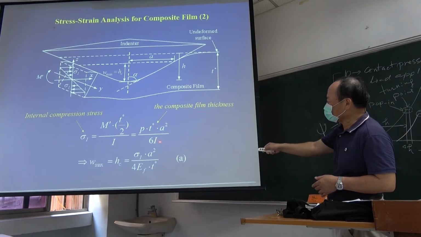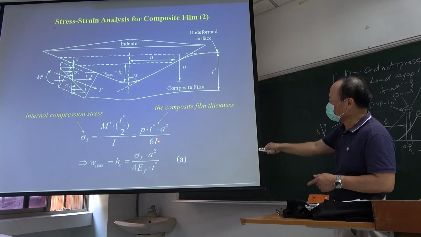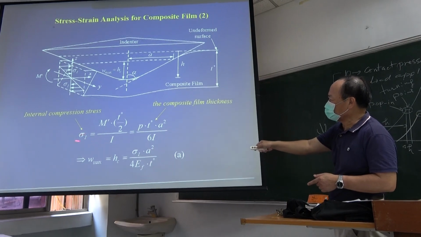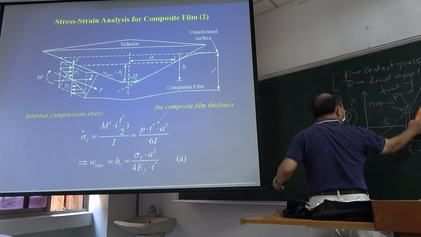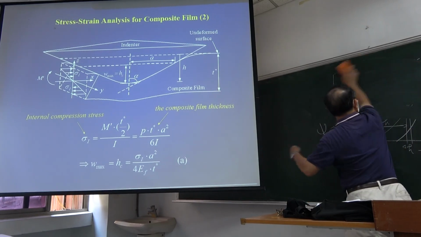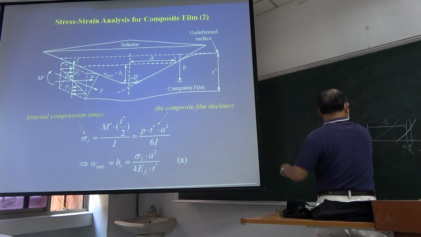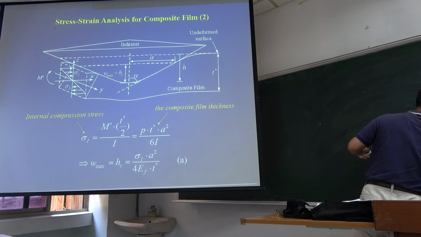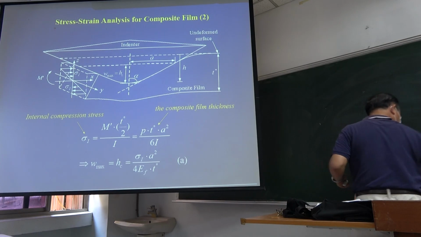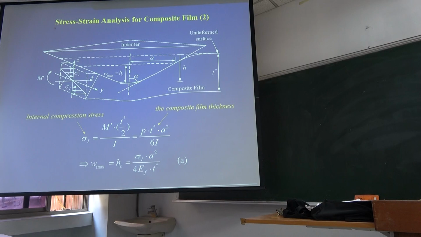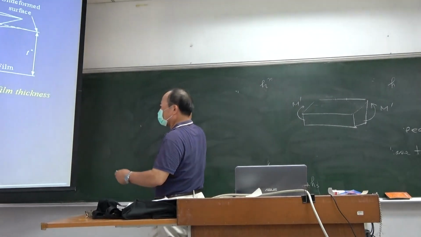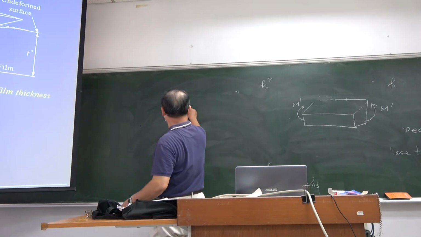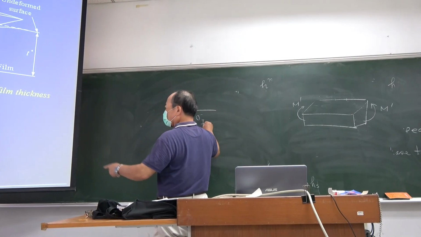And then interchange the I and the sigma I. Sigma I put here, I here. All right? So I, the area moment of inertia, equal to sigma I, right?